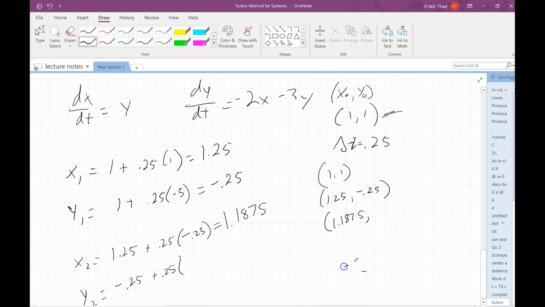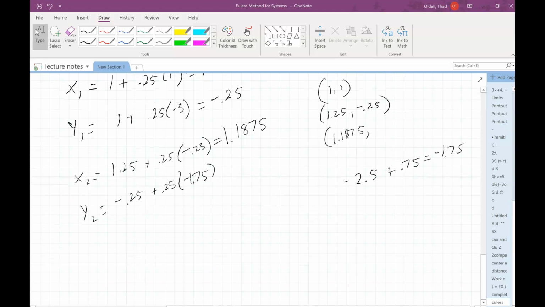That would be negative 2.5. And negative 3 times negative 0.25 would be positive 0.75. If we add those two together, we get negative 1.75. So put a negative 1.75 in there.